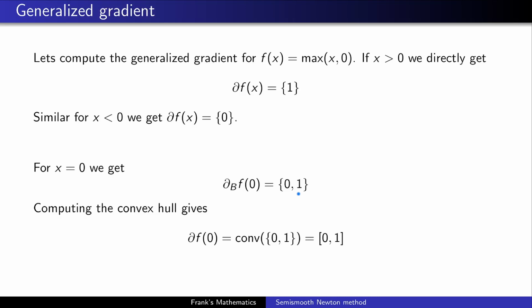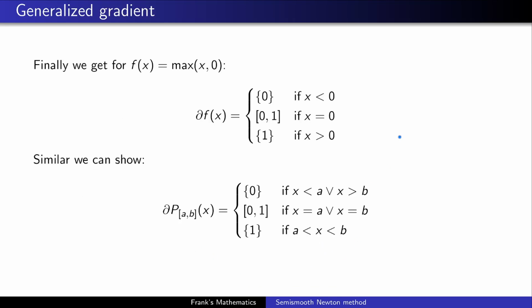So now we are left with computing the convex hull of this set, but this is quite easy, because the convex hull of two points is just the interval containing both points. So the generalized gradient of f at the point 0 is just the interval from 0 to 1.